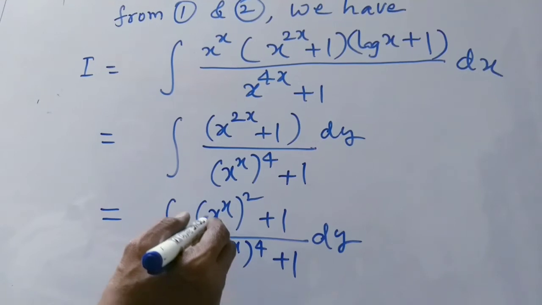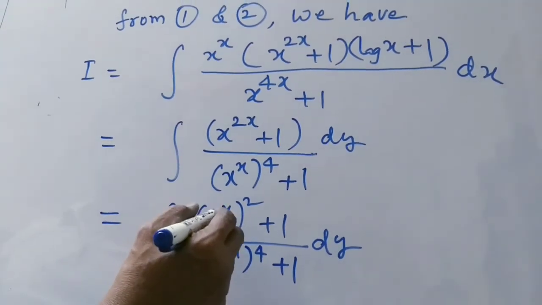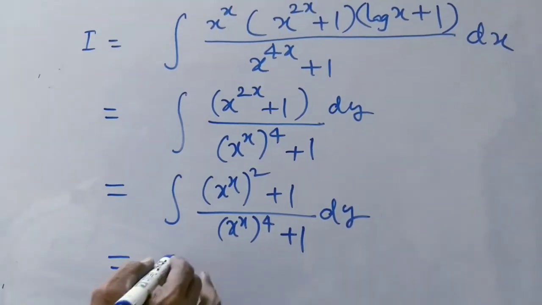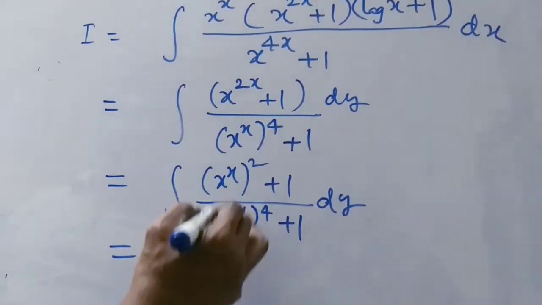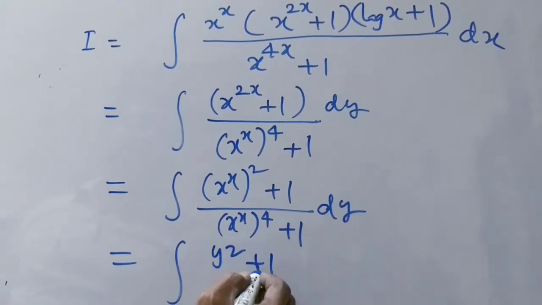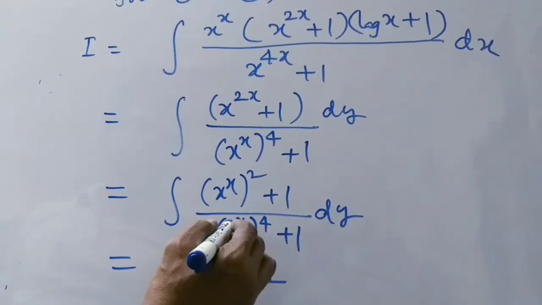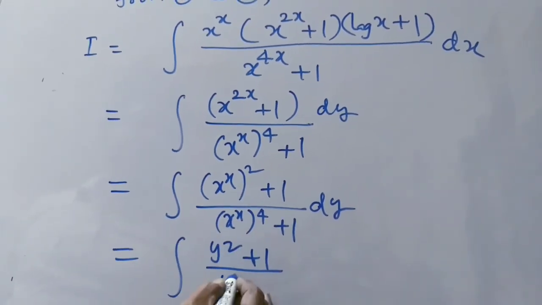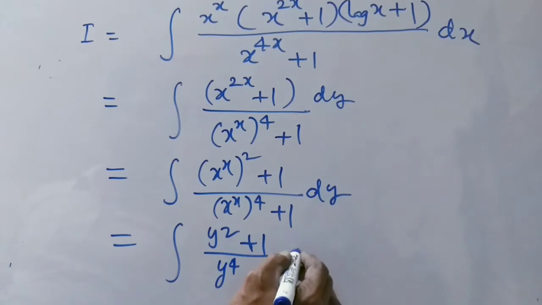Earlier we took x to the power of x equal to y. So the integral of y square plus 1 by y to the power of 4 plus 1 dy.